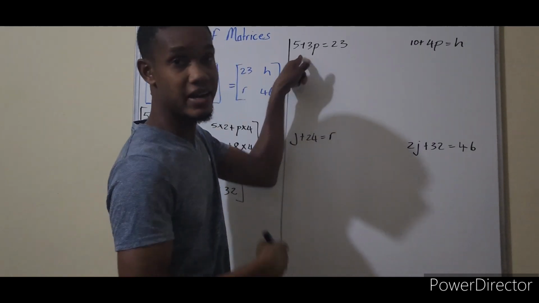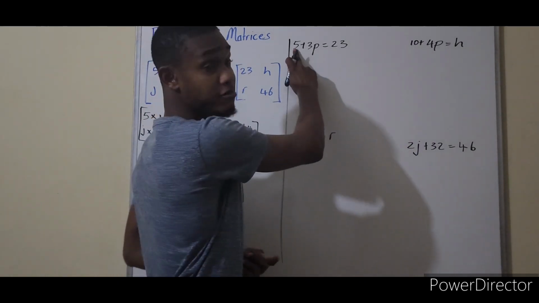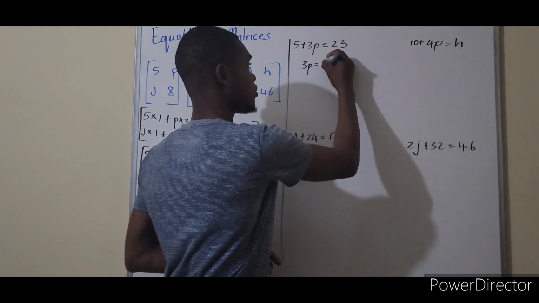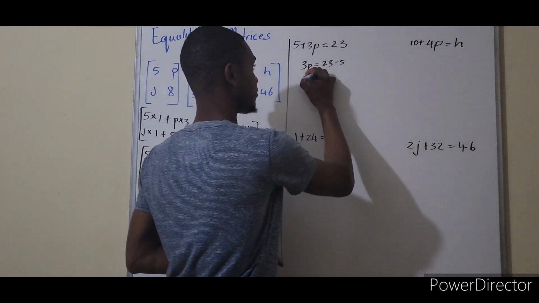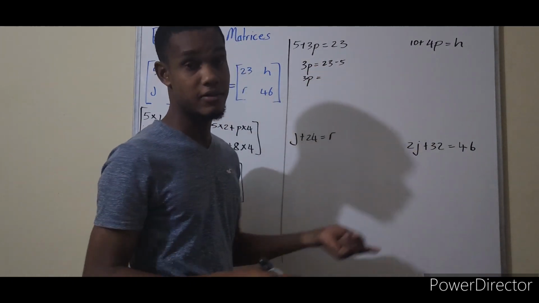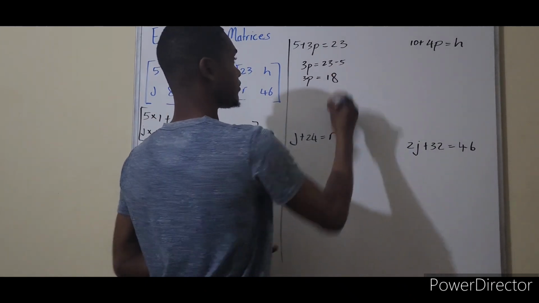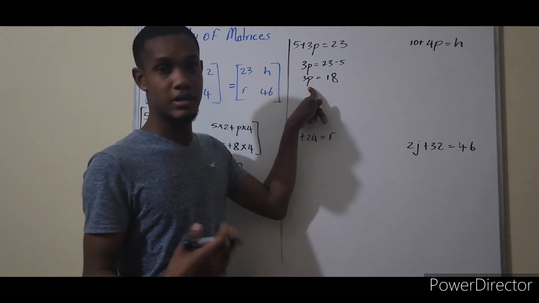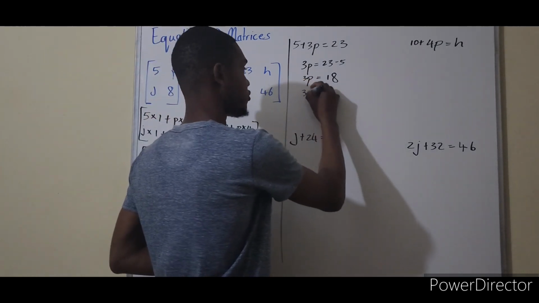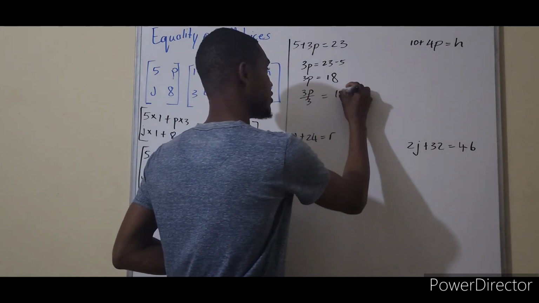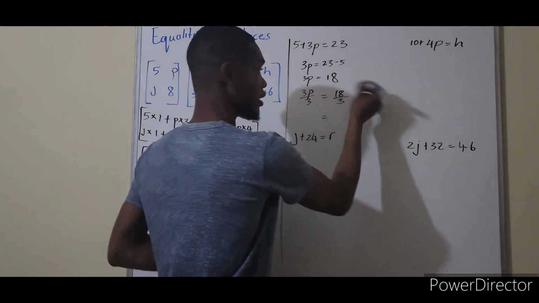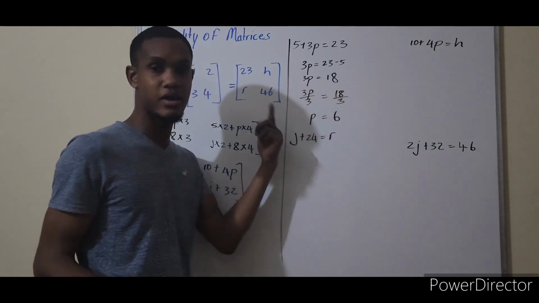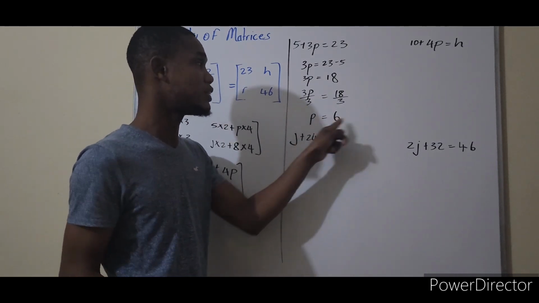Since 5 is being added, you subtract 5 from both sides. 5 minus 5 gives you 0, so 3p is equal to 23 minus 5, which gives you 18. Now p is being multiplied by 3, so the opposite of multiplying is dividing. You divide both sides by 3, so 3p over 3 equals 18 over 3. 18 divided by 3 is 6, and 3p divided by 3 is just p. So p is equal to 6.